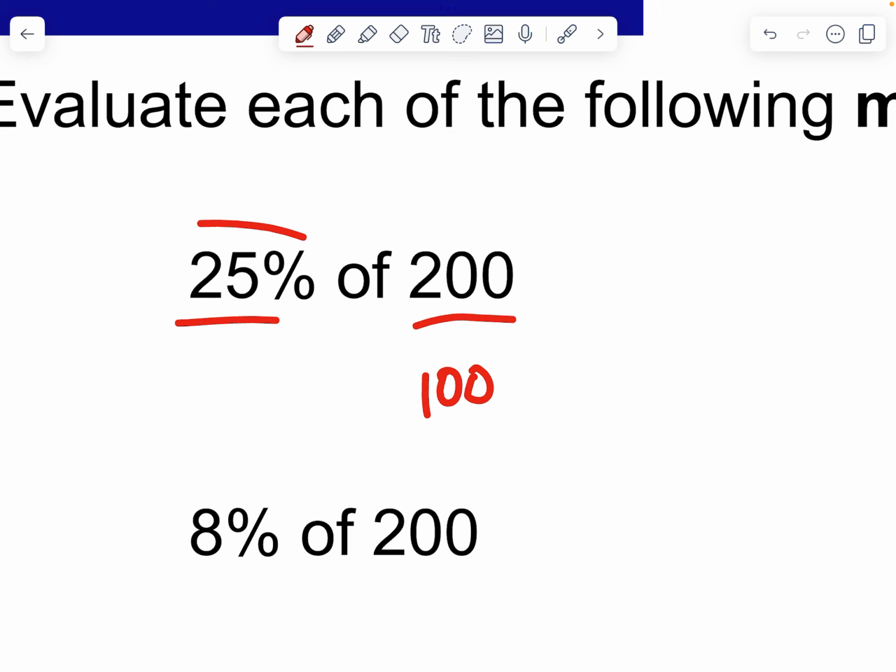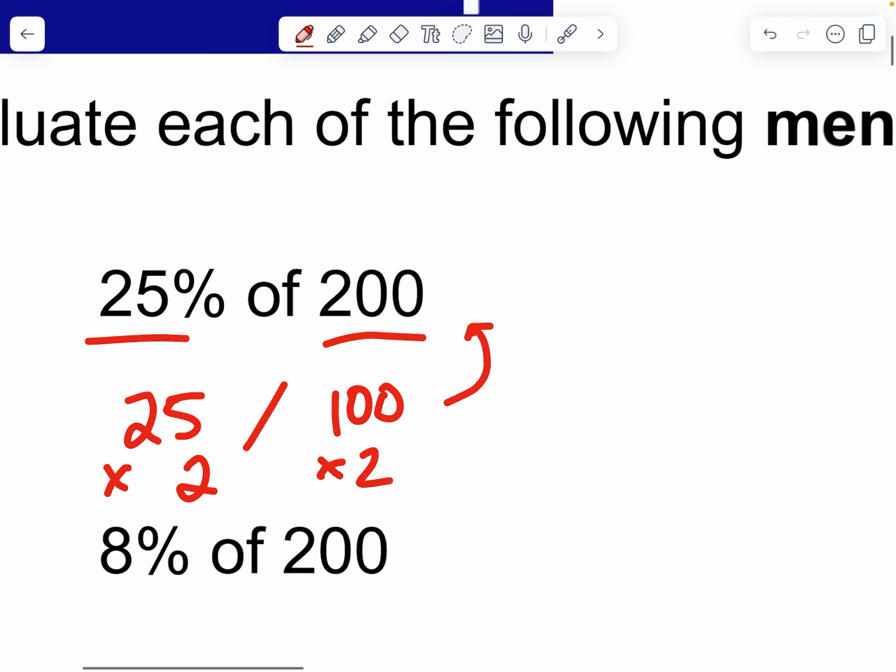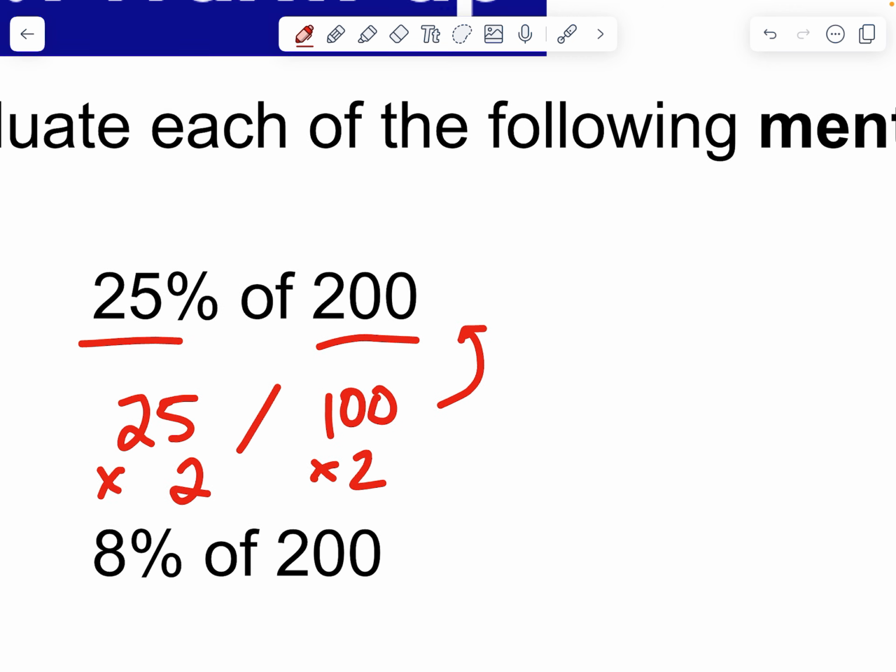And I know that percentages are being moved 2 places. So for instance, 25% of 100 is really like saying 25 out of 100. Right? And so if it's a multiple of 100, I can then just multiply both of these by 2, and that tells me that 25% of 200 is really just 50.